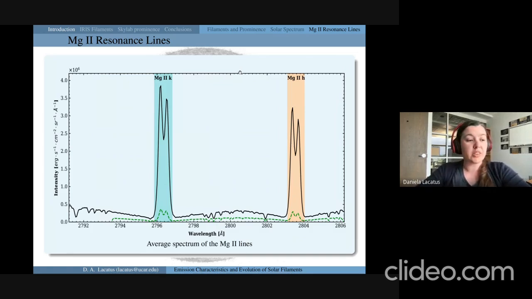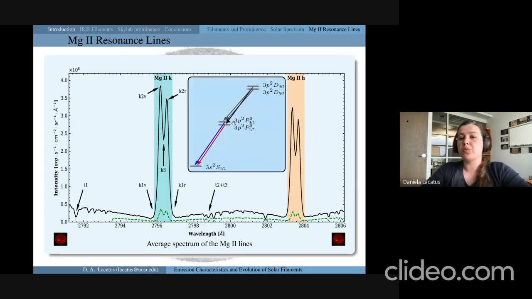If we look at the detailed profile of the magnesium, it is very complex. Here I'm showing the resonance lines, so the magnesium II k and h, that correspond to the transition from the first excited state of the singly ionized magnesium ion to the ground state. In blue, you have the magnesium k line, and in red, the magnesium h line. Both these lines have a complex inner structure.